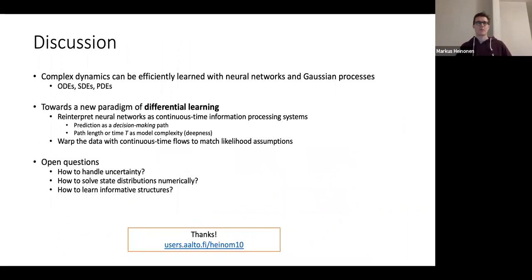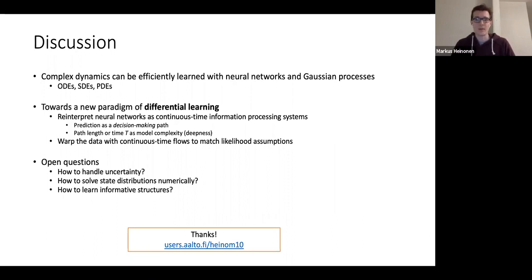Okay, so I would like to conclude with the summary slide. In this talk, I showed a bunch of works by ourselves on learning differential equation systems or time series models with neural networks and Gaussian processes, and then discussed what I would like to call, grandiosely, a new paradigm of differential learning.